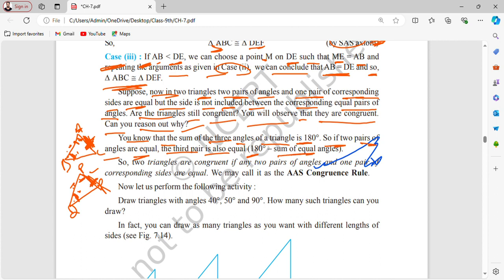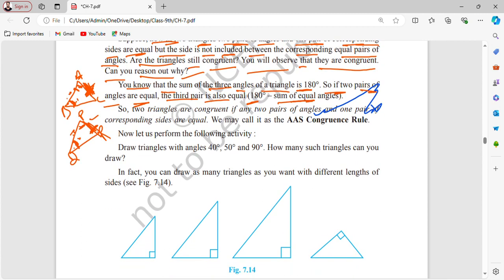Two triangles are congruent if any two pairs of angles and one pair of corresponding sides are equal. Then we may call it the angle side angle congruency rule.